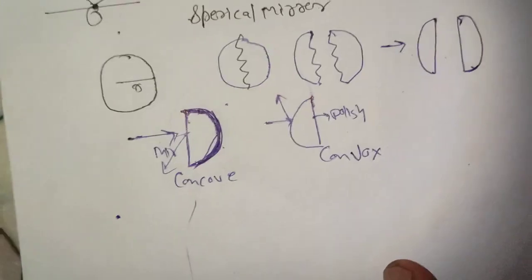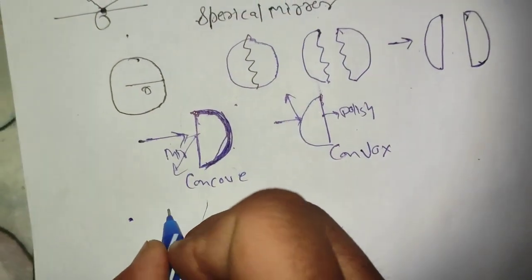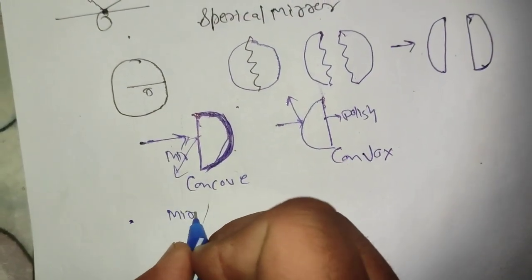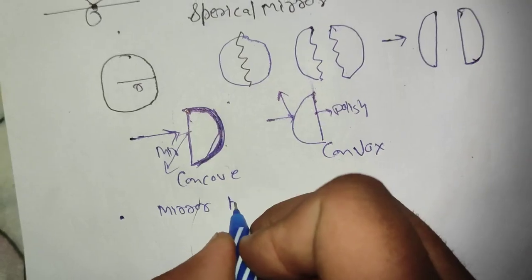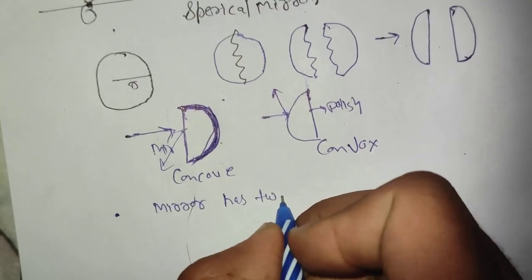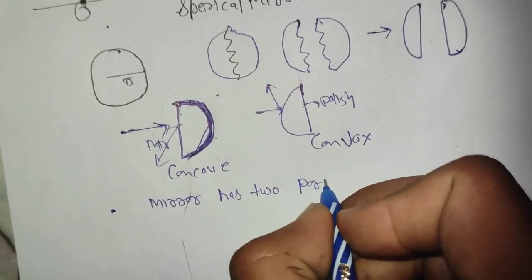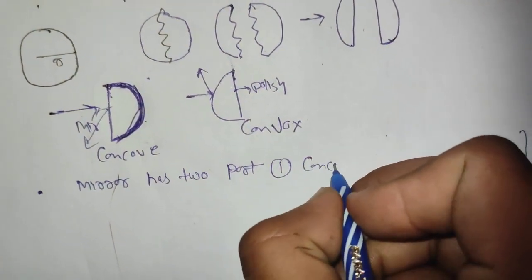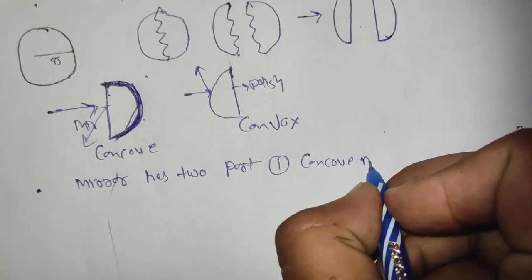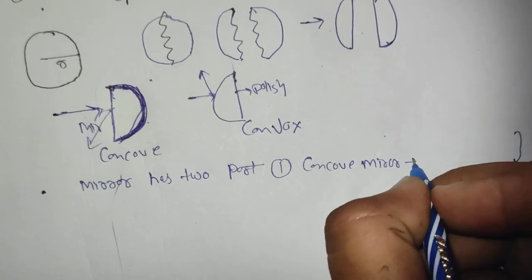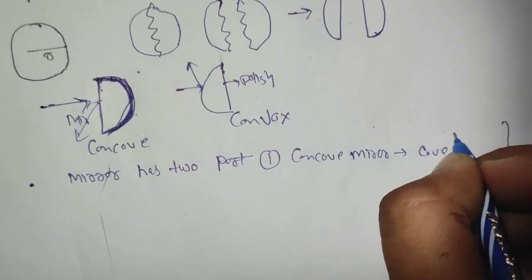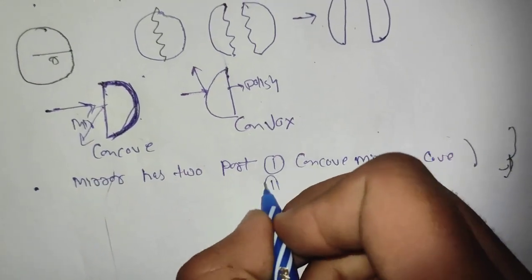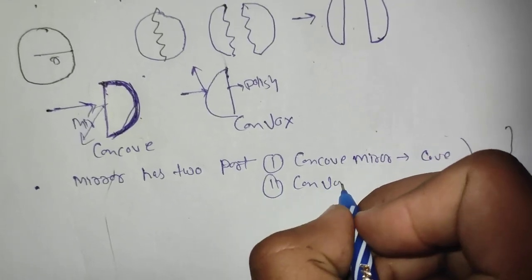So the spherical mirror has two parts. The first one is the concave mirror, known as cave type, and the second is convex.